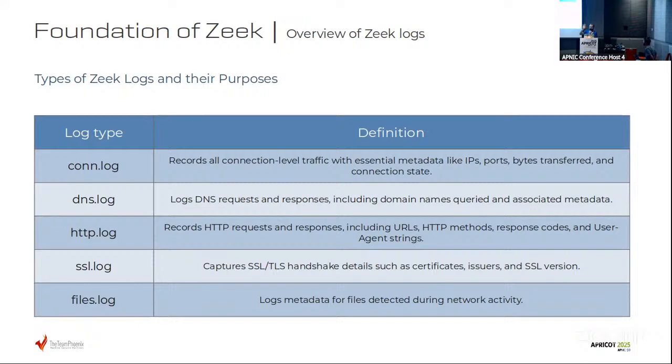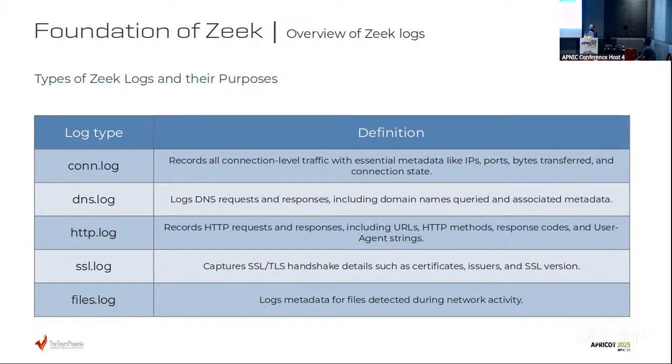So in your network traffic, if the connection has already been established, you will get to know it in conn.log. But if the connection is not established, you won't be able to see any log in your conn.log file. Same goes for DNS. Any DNS query, any activity within the DNS protocol, even if it is port 53 or not, you will get it in the dns.log file.